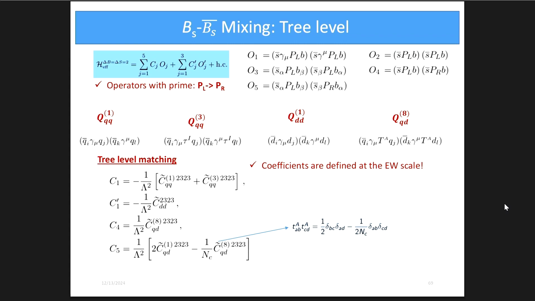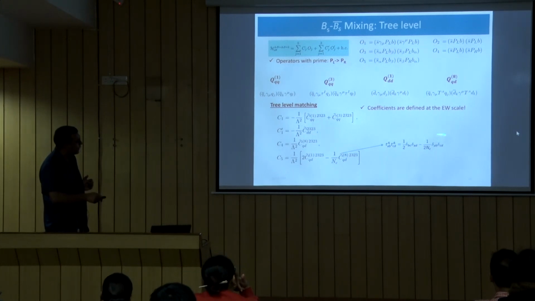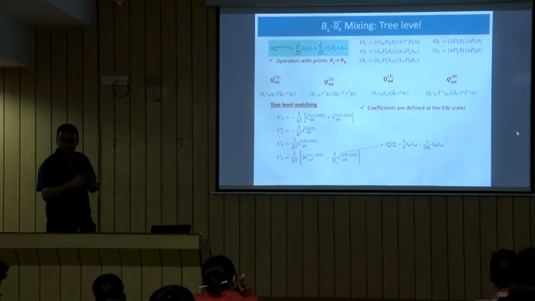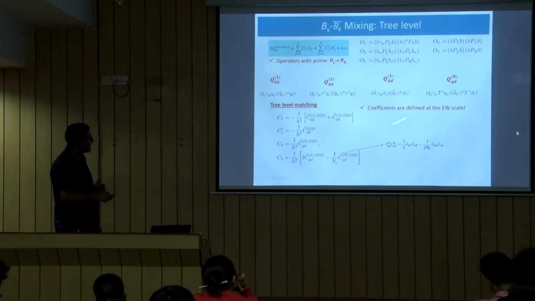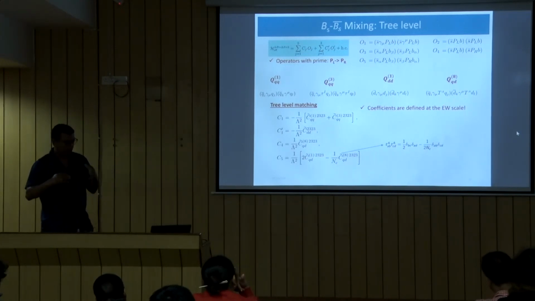And if you do so, you will be able to get these Wilson coefficients. Okay. And this I am getting by using the relation of the product of the generators. So this gives you color suppressed contributions. So 1 by N_C is coming from the QCD, I mean the generators of SU(3). So you have this property.